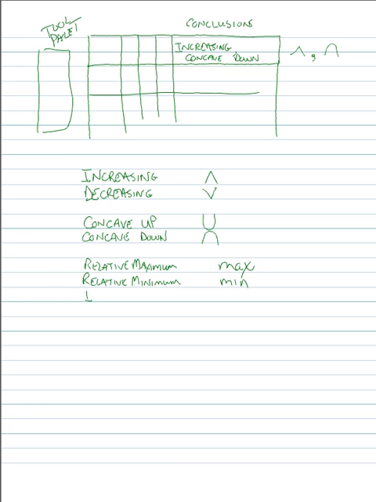And if you have an inflection point, then you'll need to type in IP for inflection point, IP. And so anyway, those are the things that you're going to need to enter in the conclusions column so that my math lab will understand and interpret what you're trying to communicate.